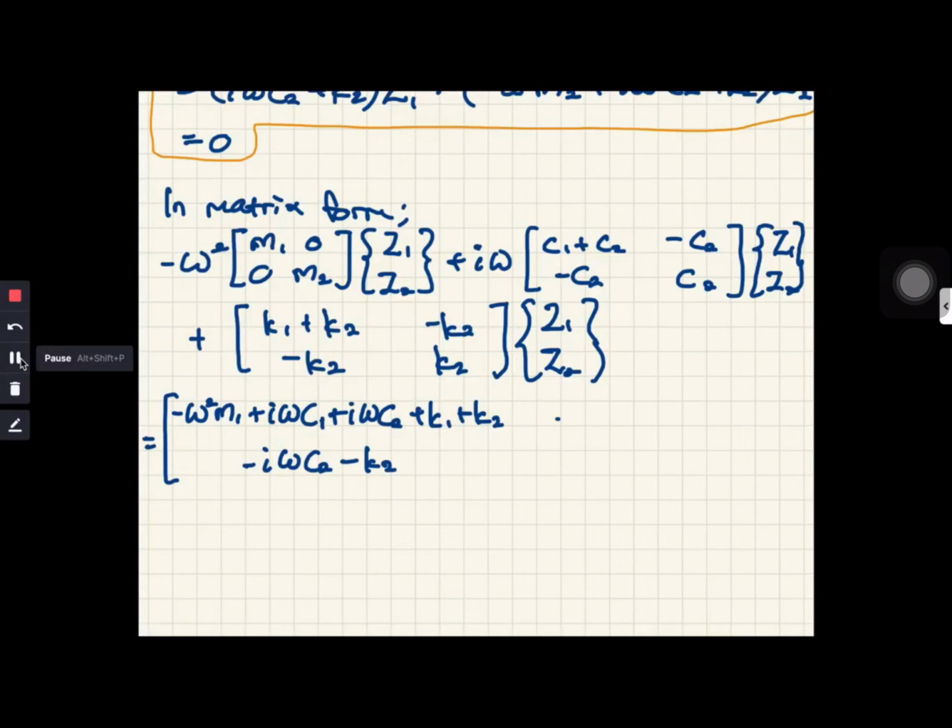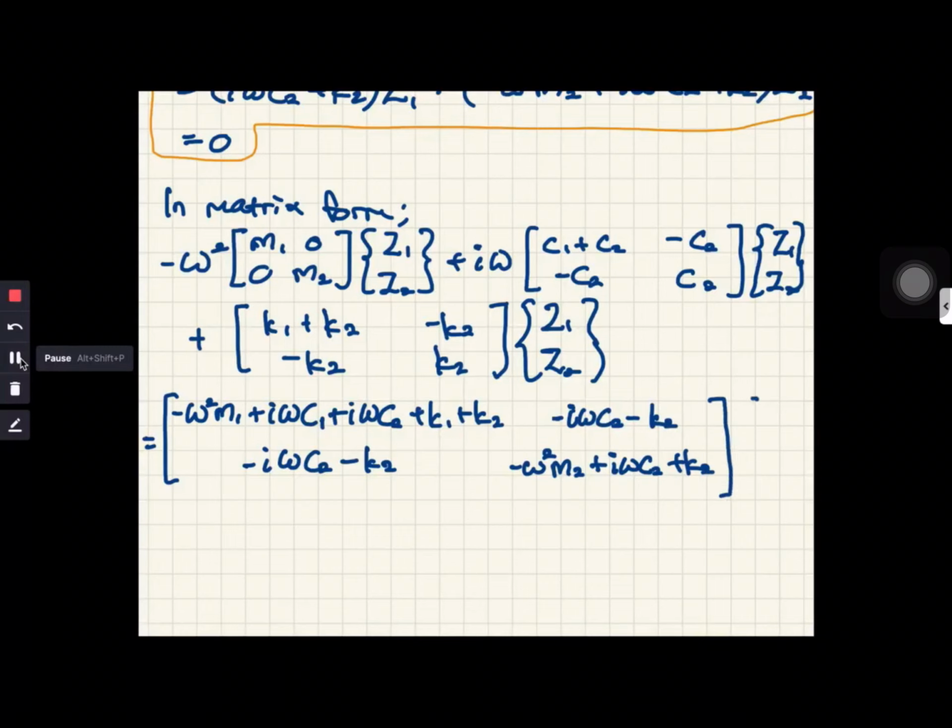Again, up here we have negative i omega c2 minus k2, and down here we have negative omega squared m2 plus i omega c2 plus k2.